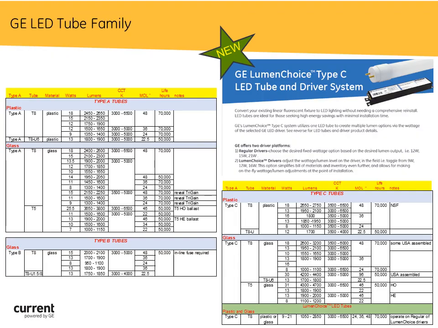So the GE LED family breaks down into these major categories. You'll notice that I have it broken down on these 2 spreadsheets on either half of the page. Type A and Type B is on the left. I've got Type A that are both T8 and T5. I have Type A, T8s and T5s that are glass and plastic.